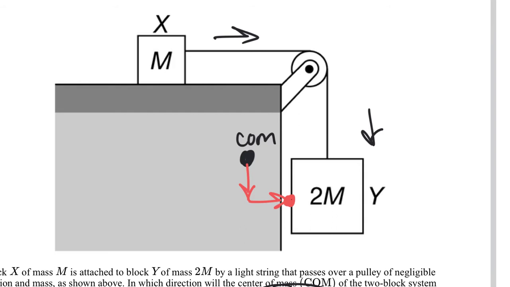Now we have to find acceleration. So I know that since this is a modified Atwood's machine, the whole system is going to have one uniform acceleration. And we also know that using this equation, force equals mass times acceleration.